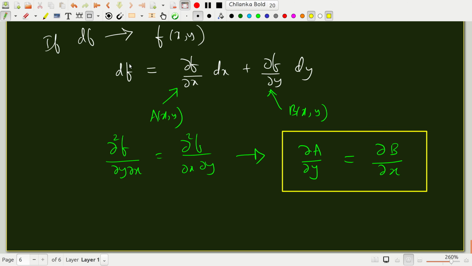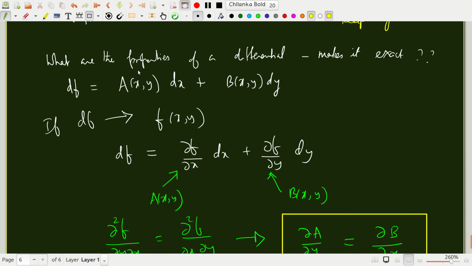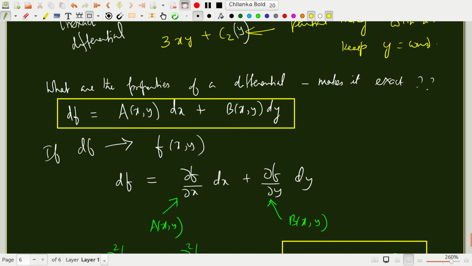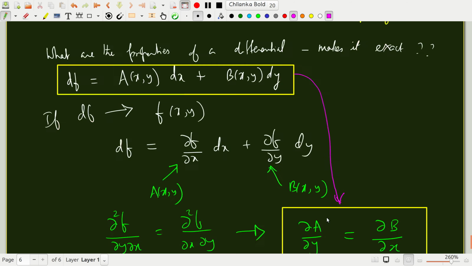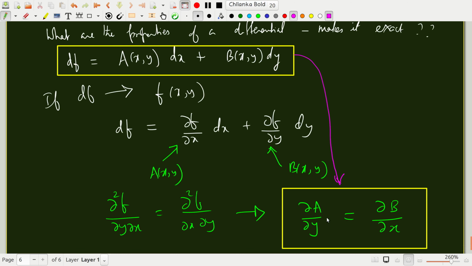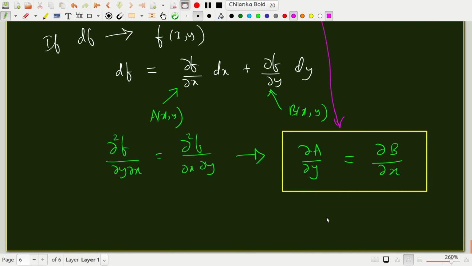So if I have a differential of this form, then in order for it to be exact, the two coefficients of the infinitesimal variations dx and dy should satisfy this condition.